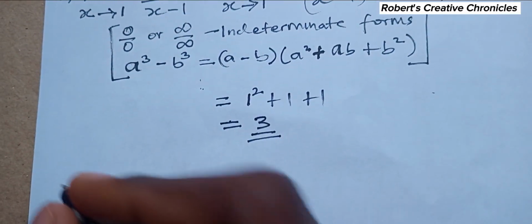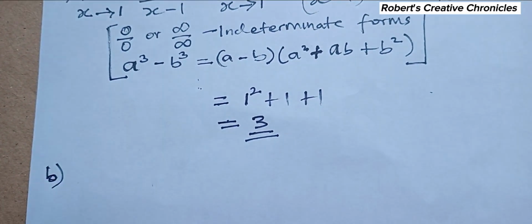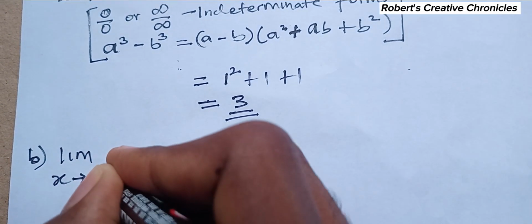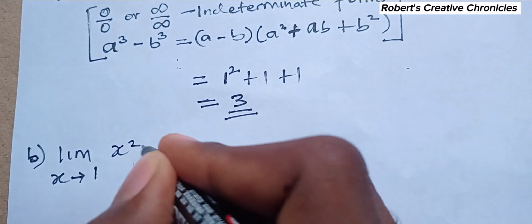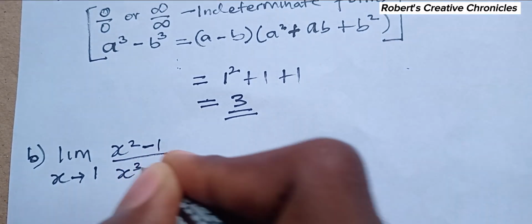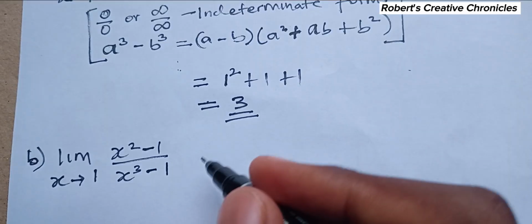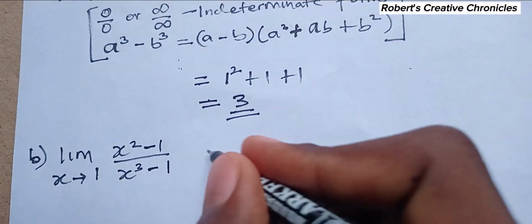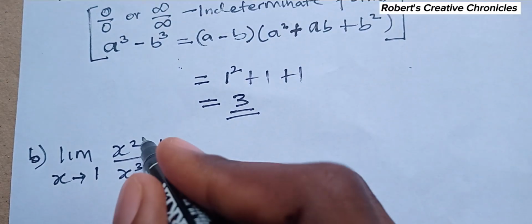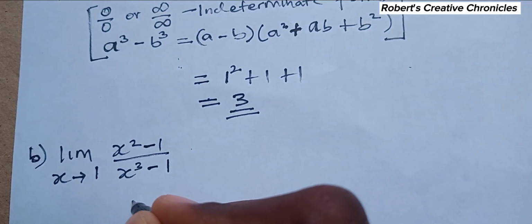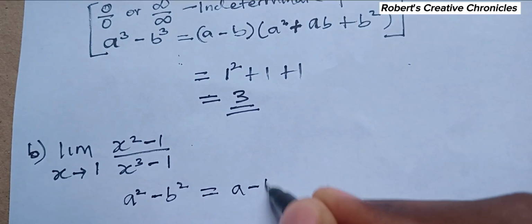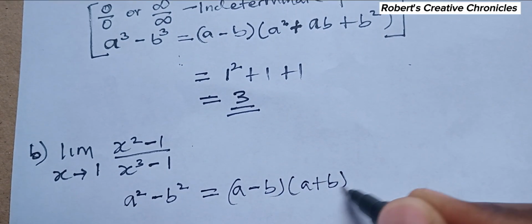So now the B part. The expression for this one, a square minus b square, equals a minus b times a plus b.